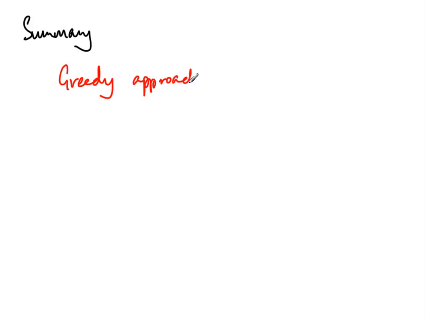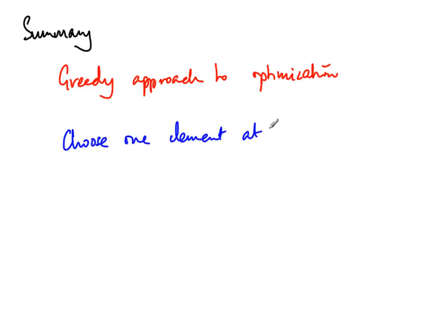Right? So to summarize, we have this greedy approach to optimization. So what we do is we choose one element at a time by some local criterion.